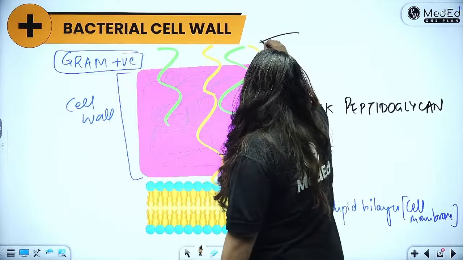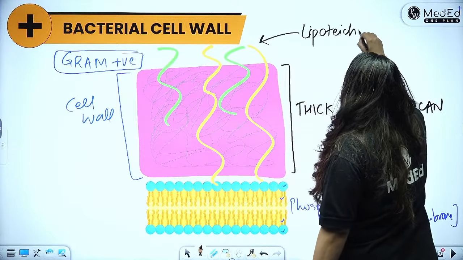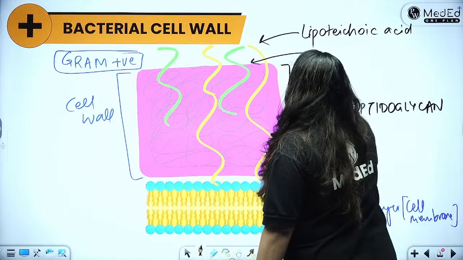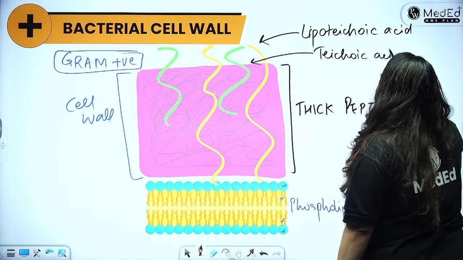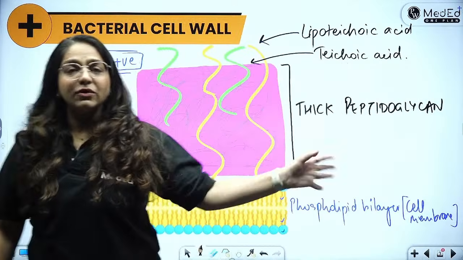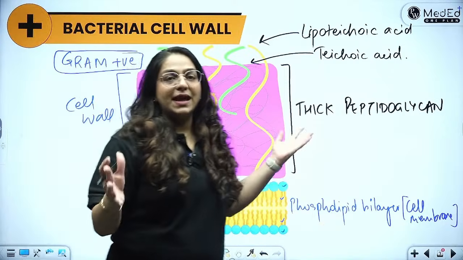These are the lipoteichoic acid and teichoic acid. They help in adhesion and attachment of the gram-positive bacteria, and that's about it. This is the cell wall of a gram-positive bacteria. It is as simple as it gets.